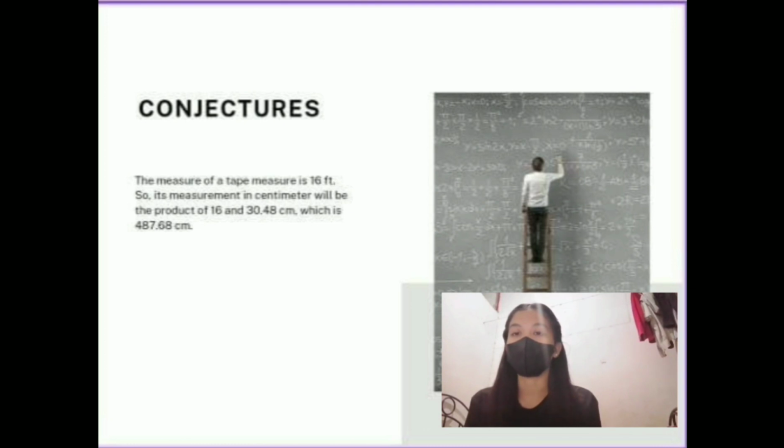So a tape measure is measuring 16 feet, so we multiply 16 times 30.48 centimeters, and the product is 487.68 centimeters.